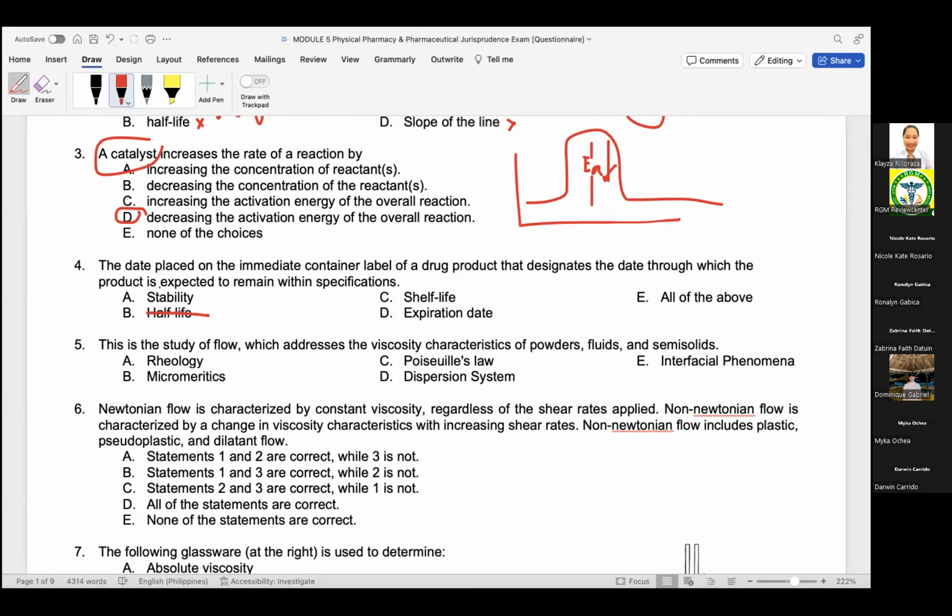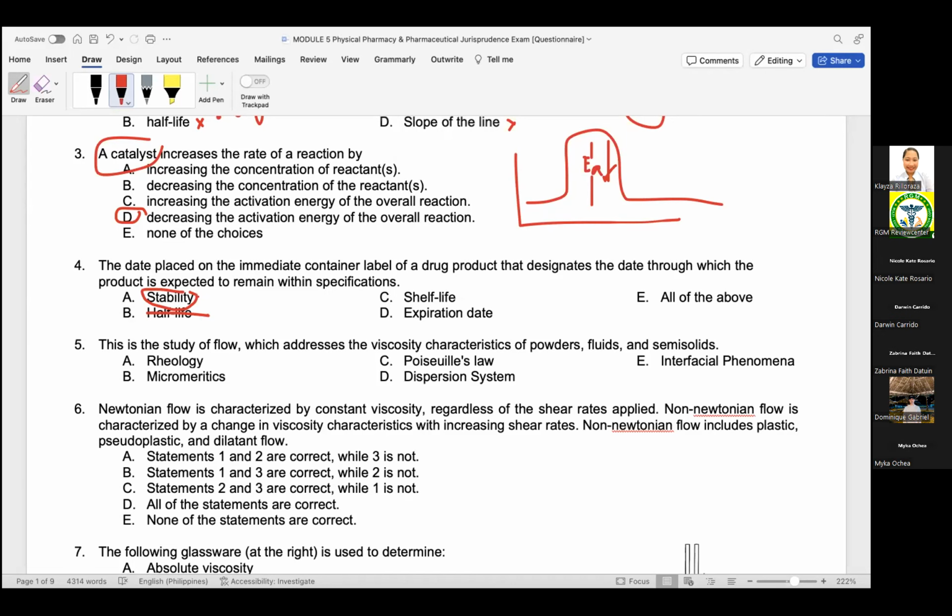Okay? Now, stability is the study to determine the shelf life of the product. So it has different aspects, right? The physical stability, the chemical stability, and microbiological stability. Even the photo stability of the drug. However, we're referring to date here.